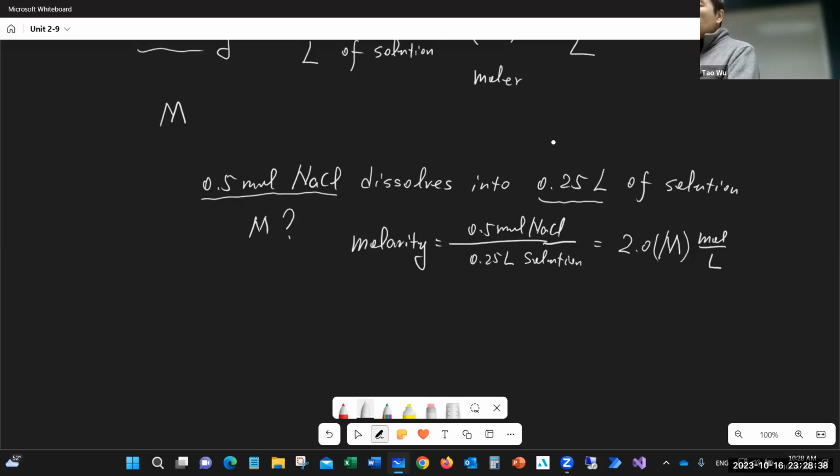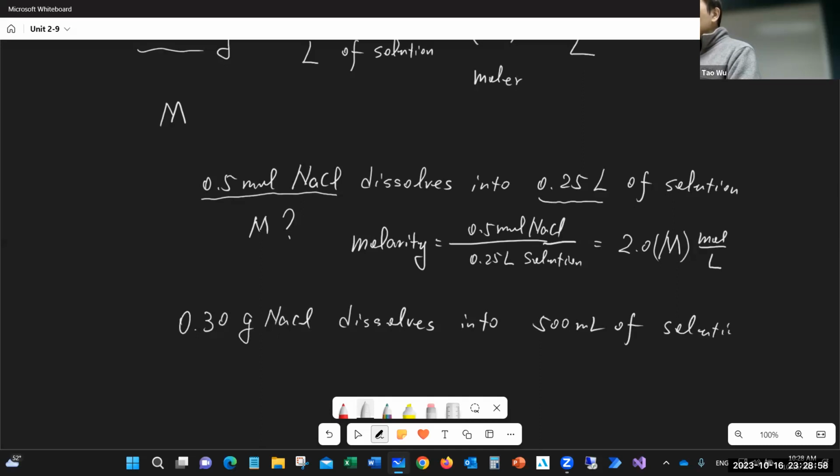So when you see the mass, for example, if I have 0.30 gram of sodium chloride that dissolves into 500 milliliter of solution, then how do we figure out the molarity? Again, by definition, you have a mole over volume, right?